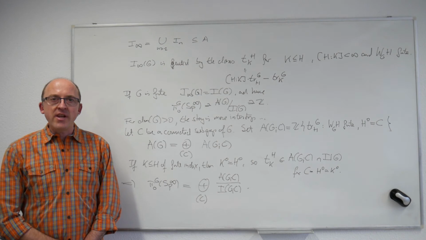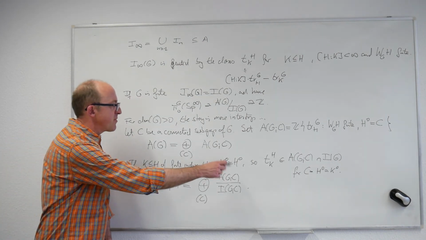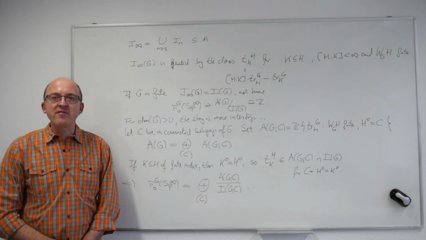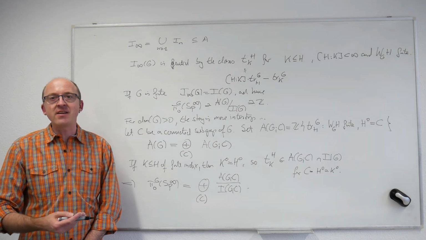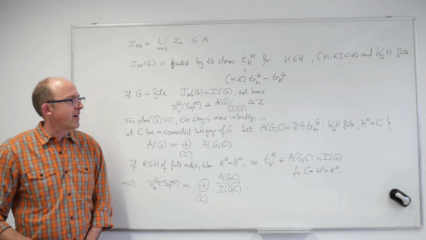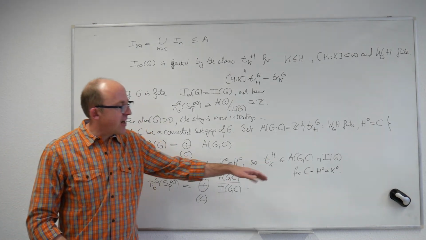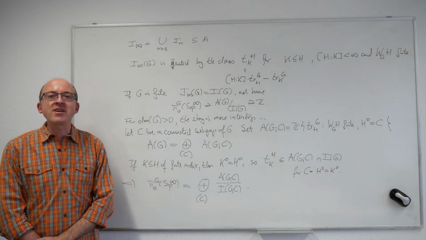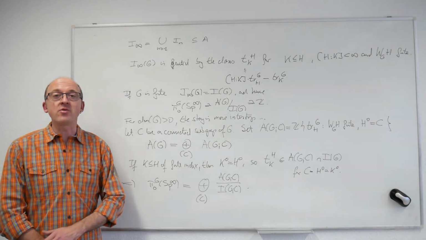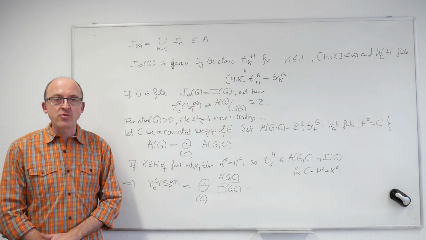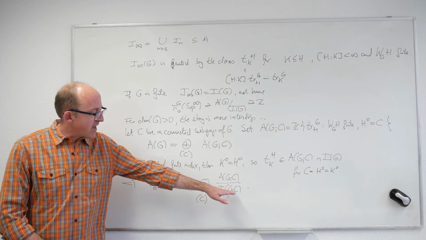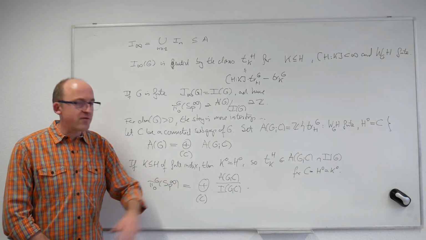As I'll explain on the next whiteboard, these summands behave quite differently depending on whether C itself, the identity component, has finite or infinite Weyl group. You know, the assumption that the Weyl groups of K and H are finite, in particular the one of H, doesn't necessarily mean that the identity component has to have a finite Weyl group too, and depending on whether that is the case or not, these summands will have different behavior.